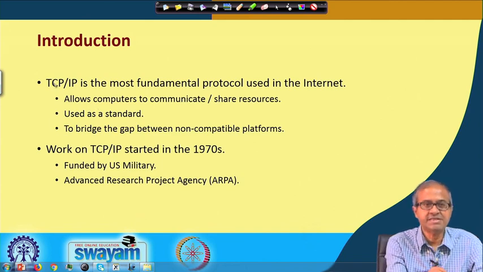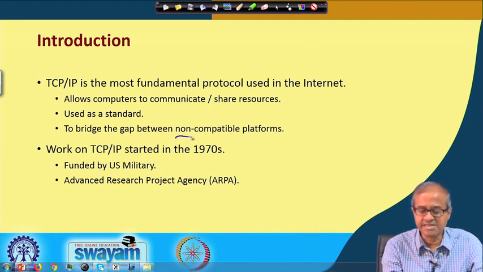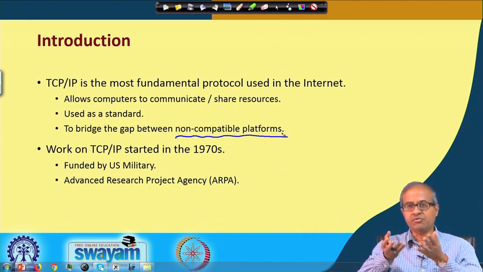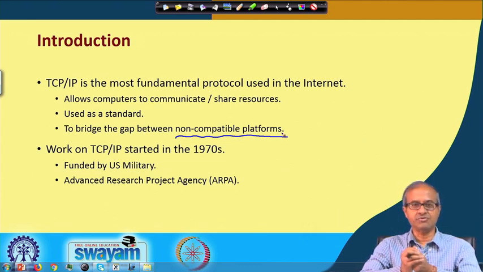Now, this TCP IP as a universal standard is used to bridge the gap between various different platforms. Well, when you say platforms, you can think about operating systems to start with. You have Windows, you have Linux, you have Mac, then you can have different kinds of networks also.